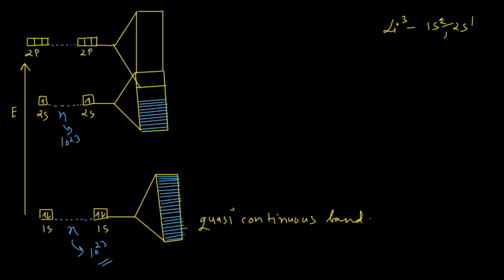That means there is an energy gap between the two. So we can call it the forbidden energy gap, that is not allowed. I hope there is no problem in that, right?